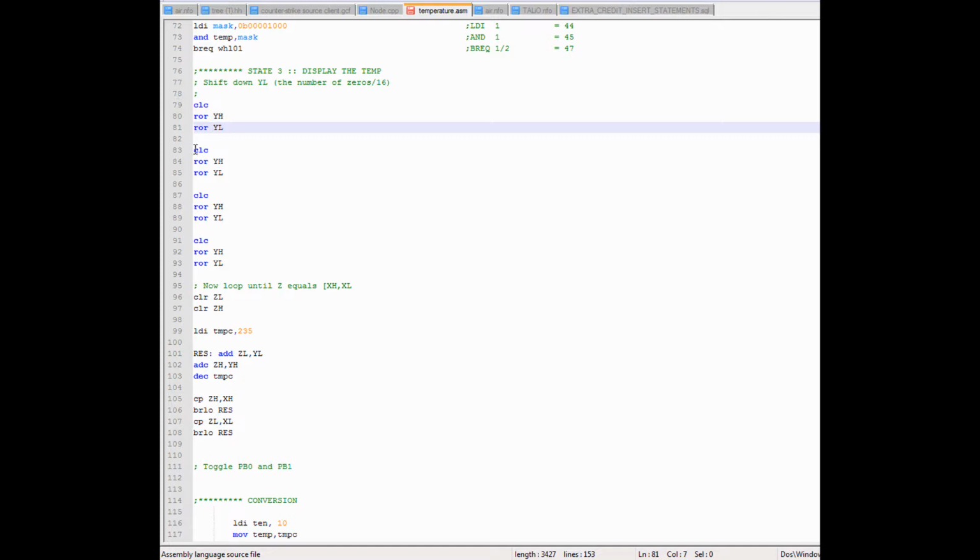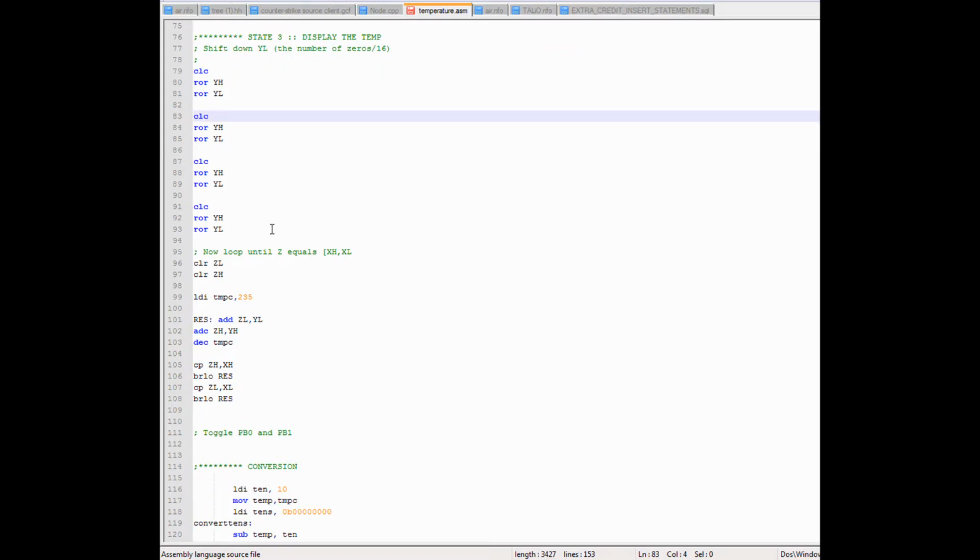And then we reset it each time, because if we carry over the lowest bit in the low register, we don't care about that. That's just lost to the division anyway. So we shift right 4 times, which, 2 to the 4th is 16, and so it's basically y divided by 16.